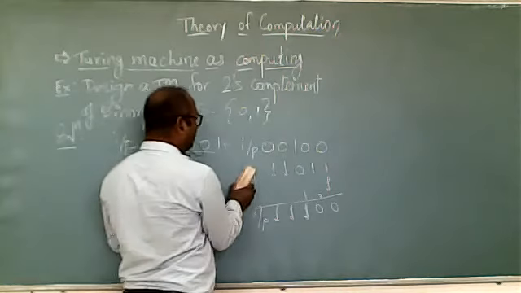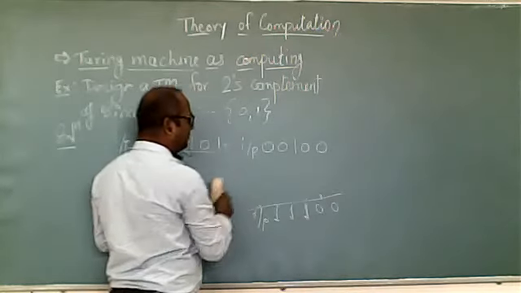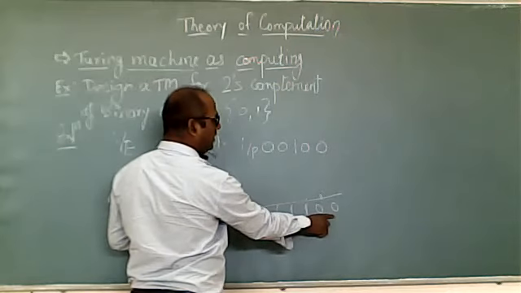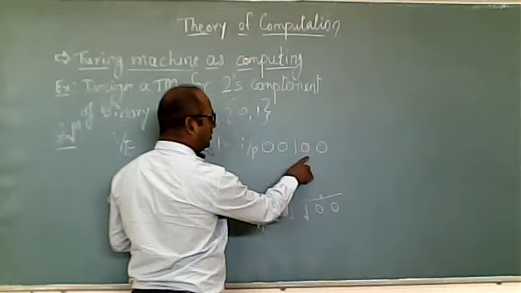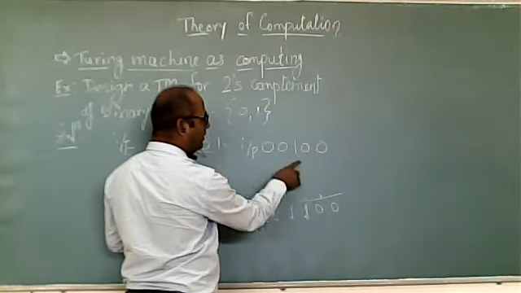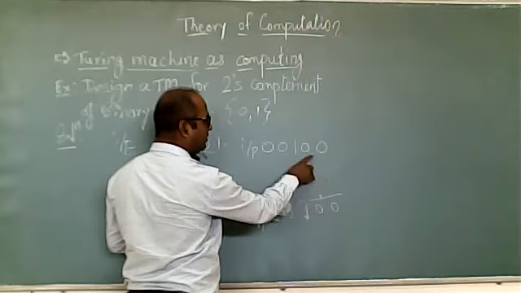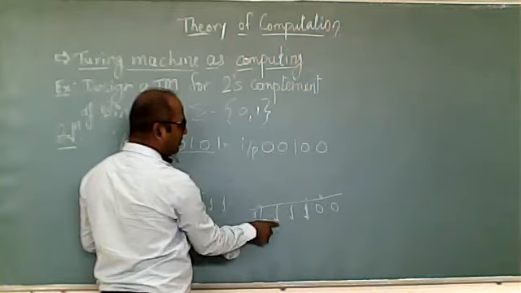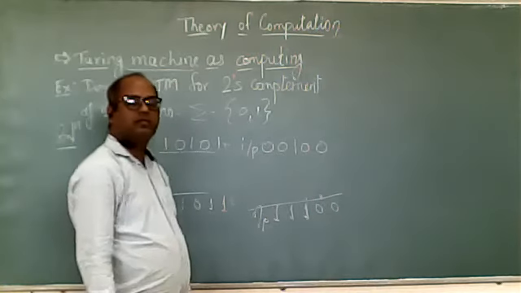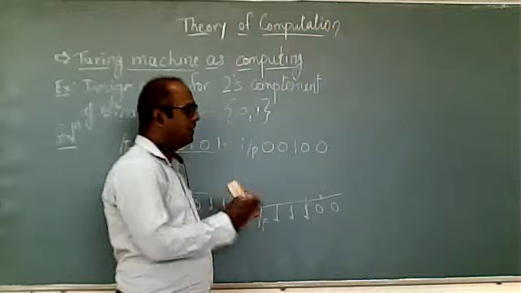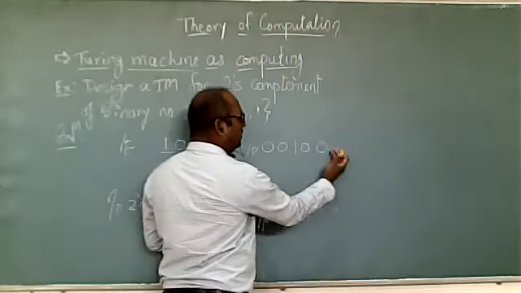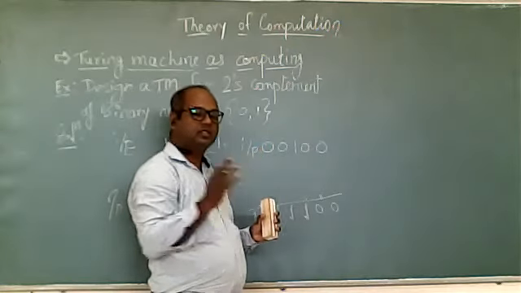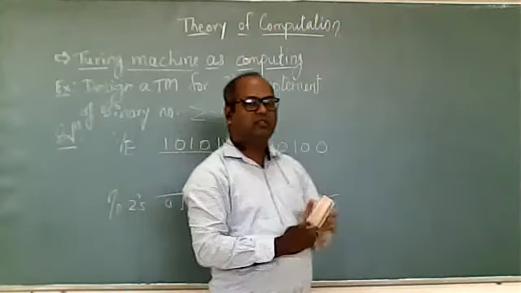Now we'll check our logic. We start from the right hand side: 0, it is 0, 0, it is 0, 1 as it is. After that, 0 becomes 1, 0 becomes 1. So what my logic is saying: start from the right hand side, skip all the zeros till the first one.